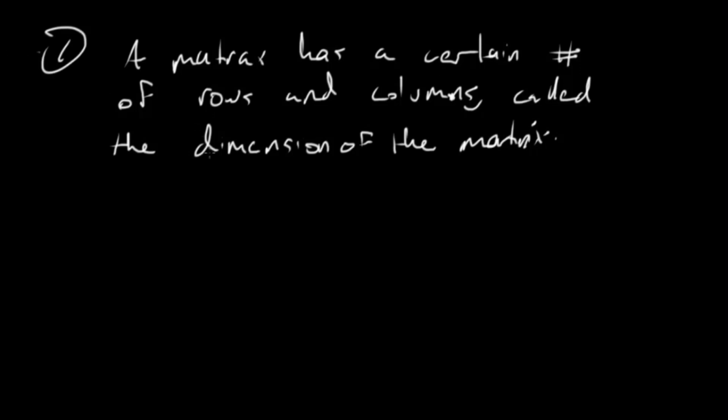We often call the dimension of a matrix the size or the order, but I usually just refer to it as the dimension of the matrix. These terms are synonymous: size, order, dimension.